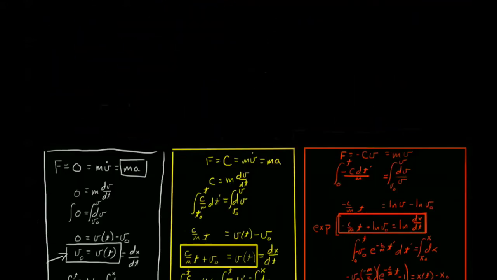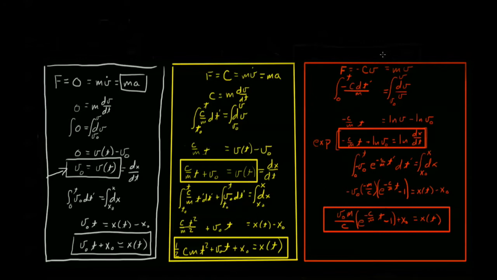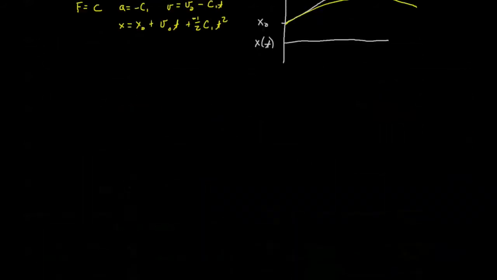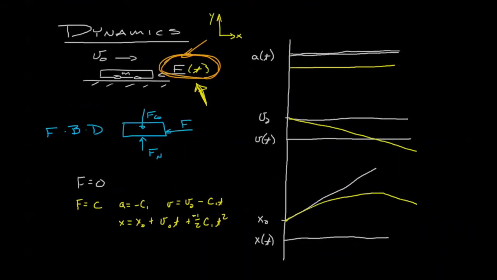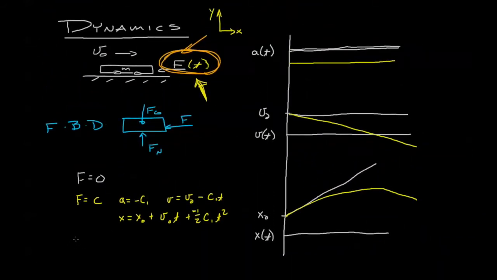Next, let's take a look at this equation right here. This, as you recall, is our viscous drag, and we have our velocity right here, our position right here, and the acceleration is going to be the derivative of our velocity. Let's go ahead and graph the sense of that equation. So in this case, and what was that, red?